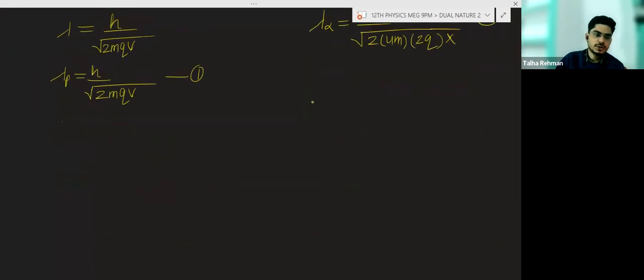So the ratio of wavelength of proton divided by the wavelength of alpha particle is equal to 1. So you can say lambda p is equal to lambda alpha.